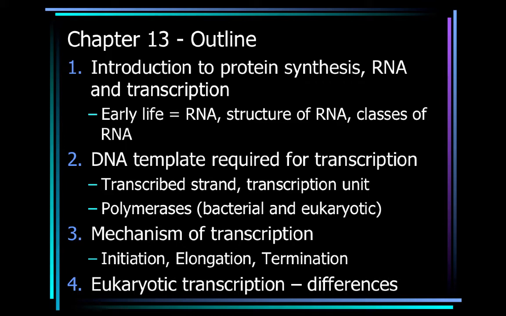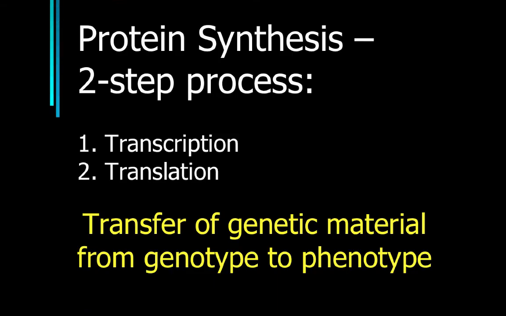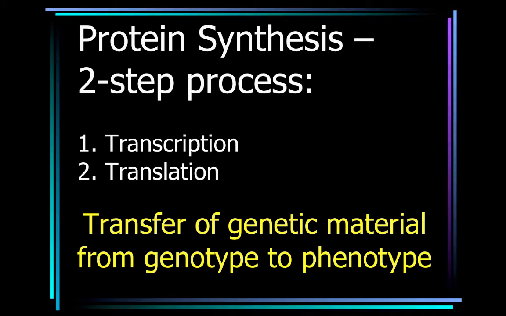Then we're going to move into the mechanism of transcription, so how the DNA template is required for transcription as it progresses through initiation, elongation, and termination. And then finally, we're going to talk about differences that we see between prokaryotic and eukaryotic genomes in regards to transcription.